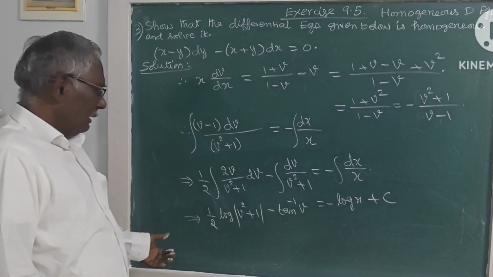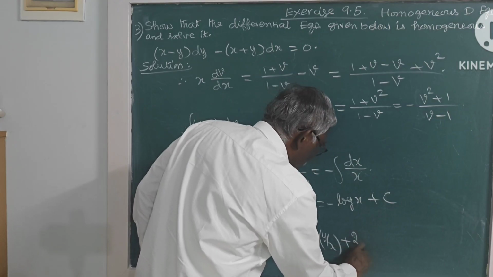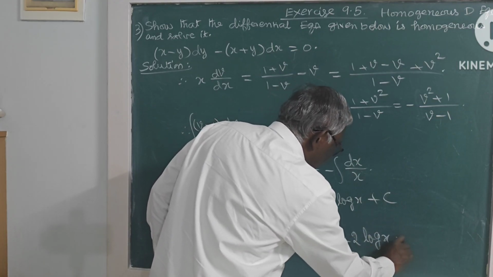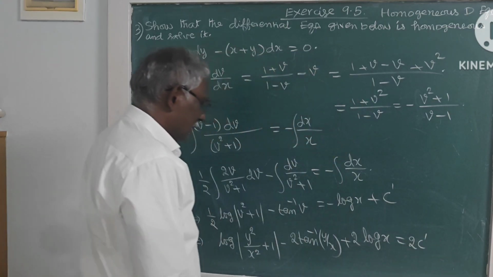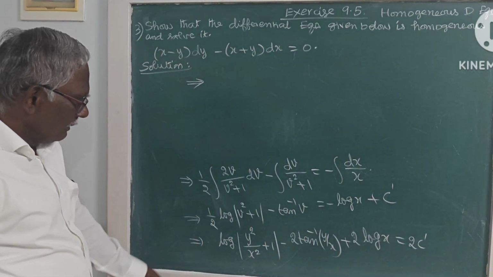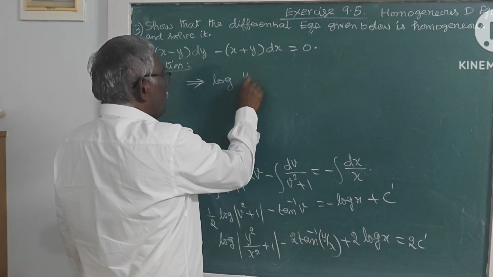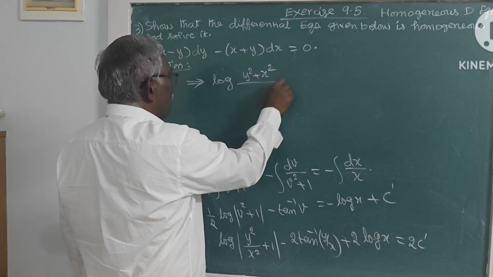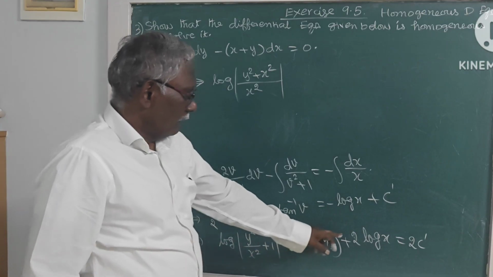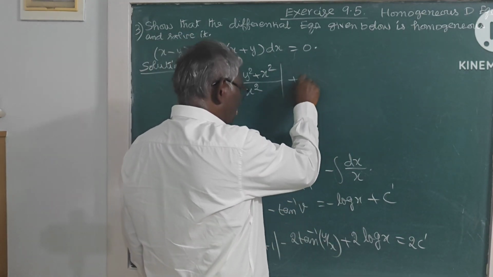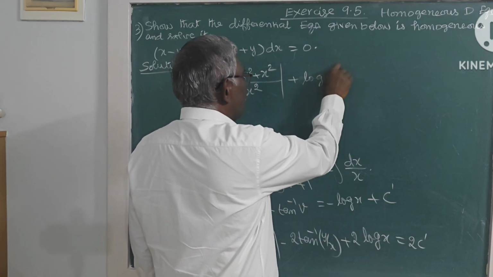Plus constant. Multiply throughout by 2. So we will get log of y square plus x square by x square, then plus log x square.